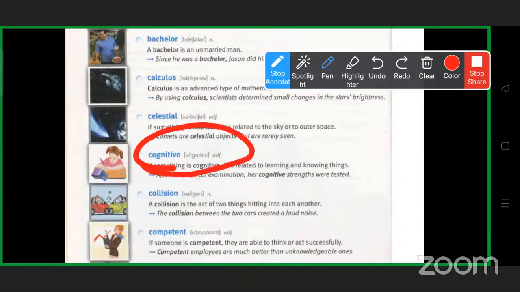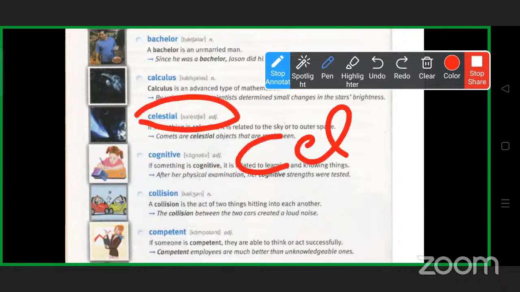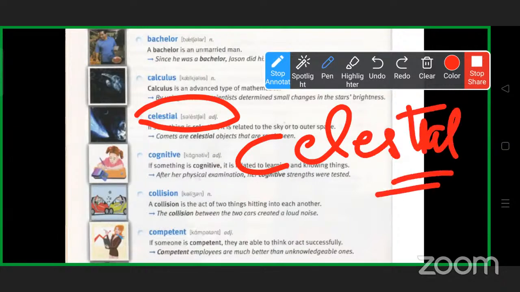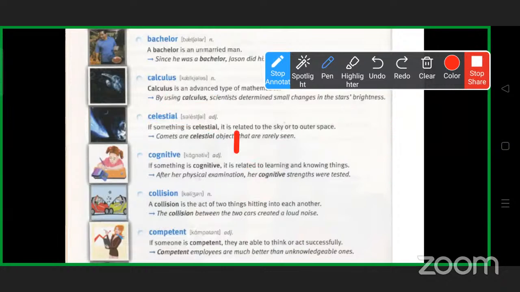Then we have cognitive. Celestial ends with TIAL, which makes it an adjective. It's not TION, it's TIAL.